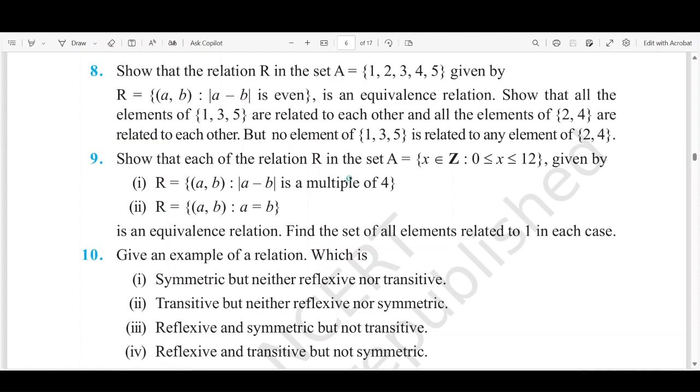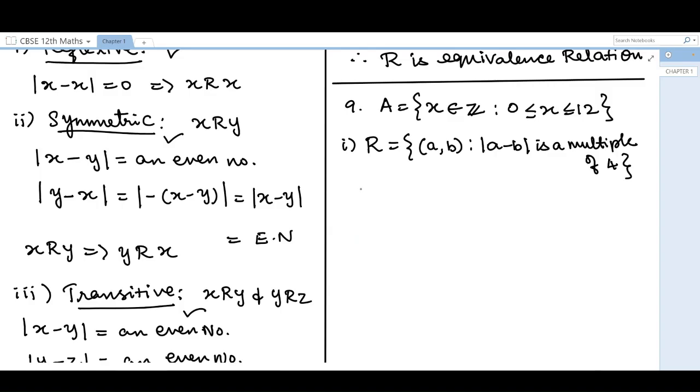So now let us consider the first relation. Let us verify the first property, reflexive. If I take an element a from the set A, then it will lie between 0 and 12.